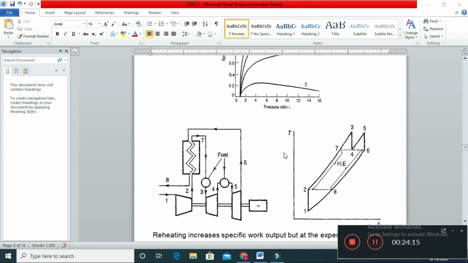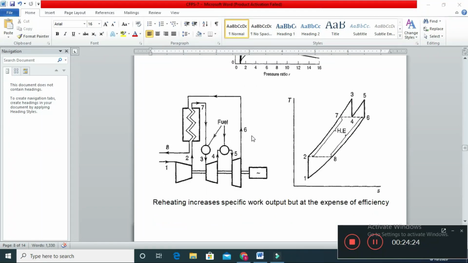In order to increase the efficiency as well, in addition to specific work, or to maintain the efficiency, we can use heat exchanger along with the reheating process. So when we use the heat exchanger, the specific work will not change, but the total heat supplied will reduce.